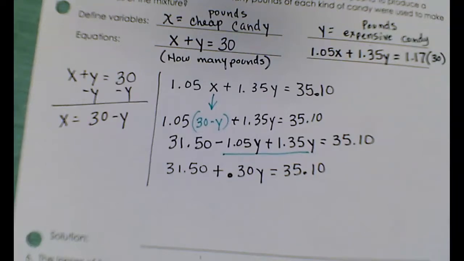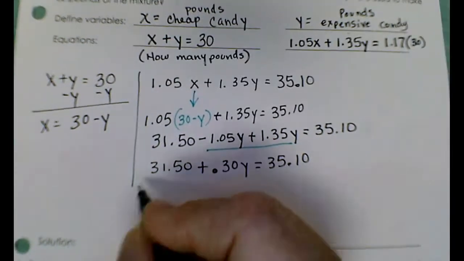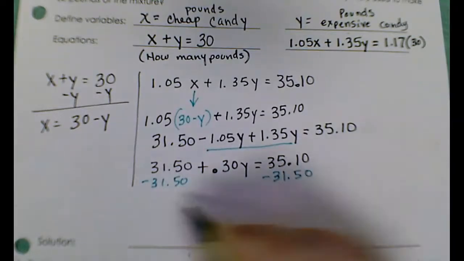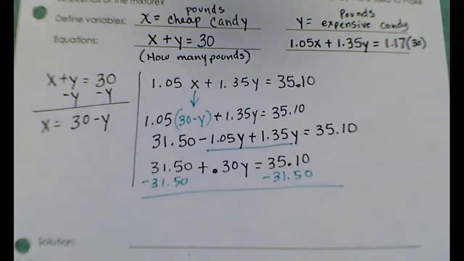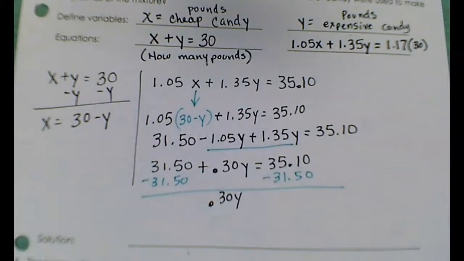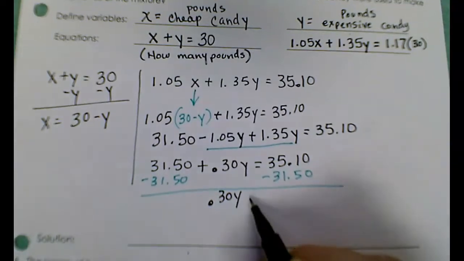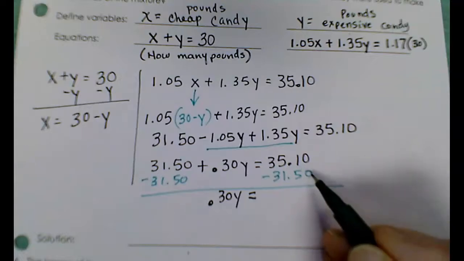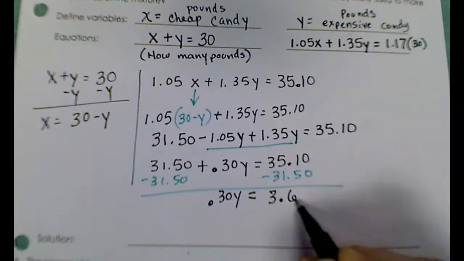I hit something wrong on that. And so then I need to combine like terms again. I need to subtract this from both sides. And so this is going to be 3.60.